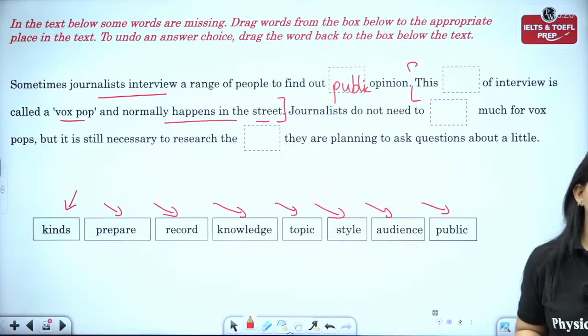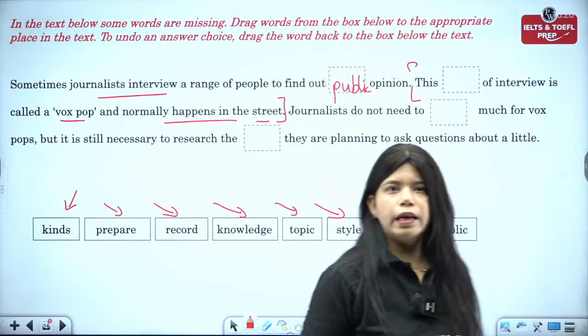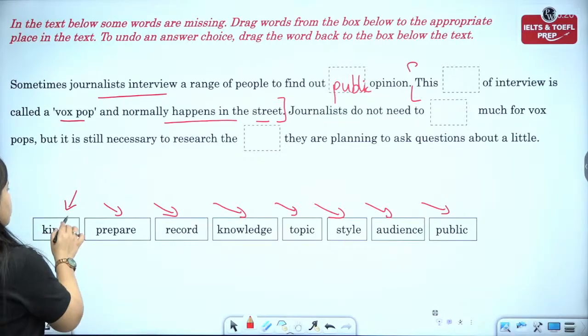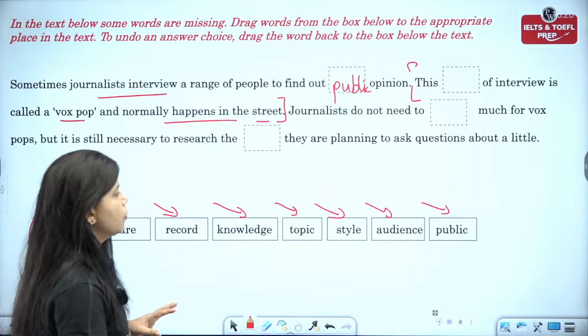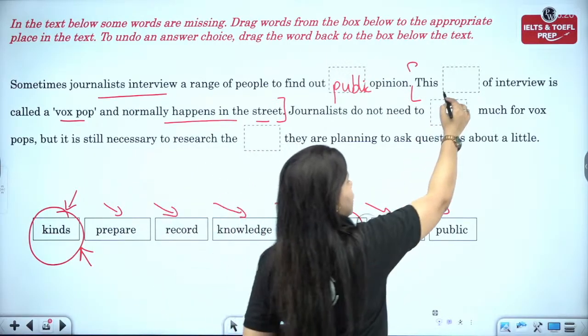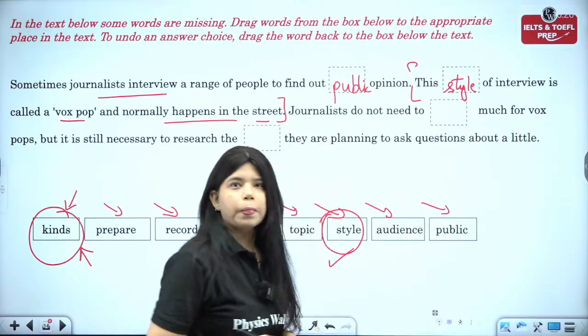What do you think can be the right answer over here? Come on, this is super simple. Let me see your responses. Okay, now for the second one, there can be a confusion between two options. Probably some of you would say this kinds of interview and some of you would say the style of interview. The right answer is style, and let me explain why. Why not kinds?